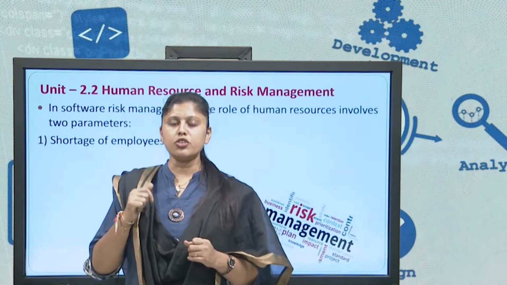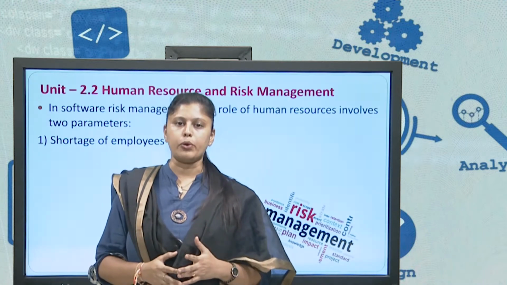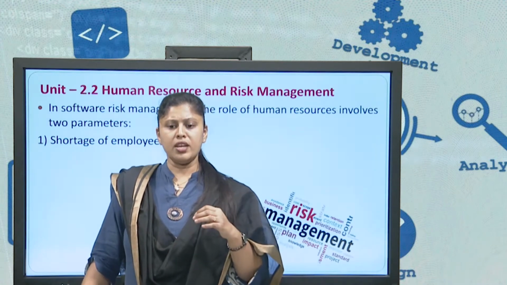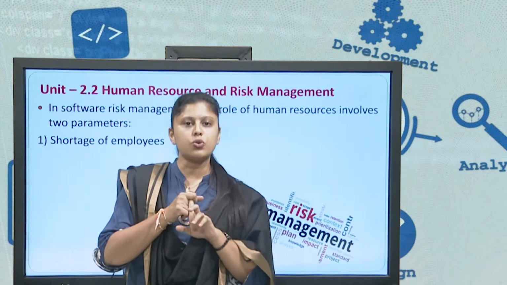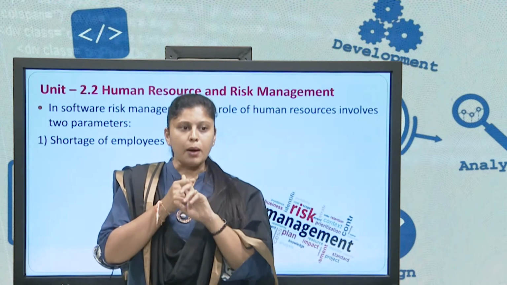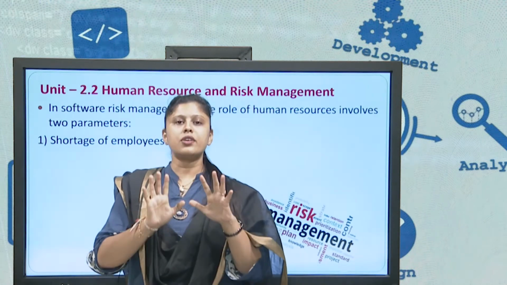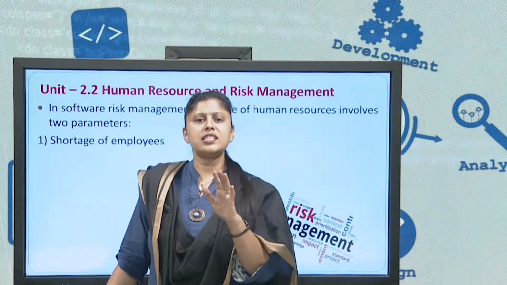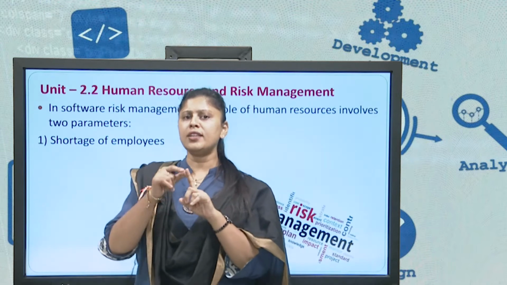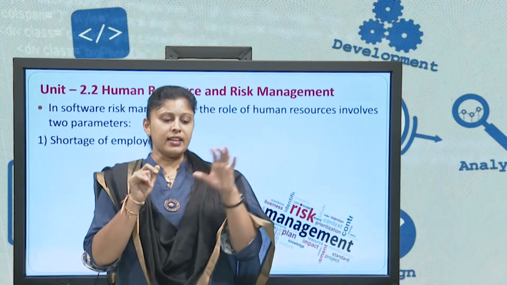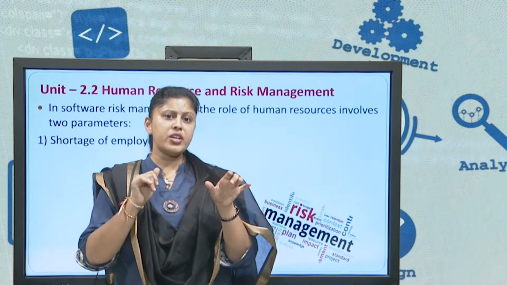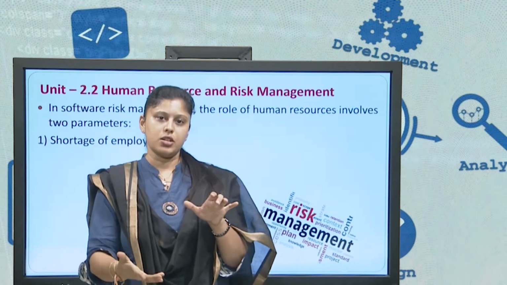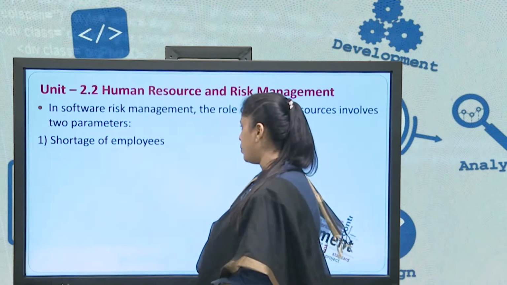Let us say we have task X to complete. To complete that task, you require 100 employees, but your company has only 75 employees to work on task X. Then that shortage of 25 employees might lead to certain risk. So, first is shortage of employees.